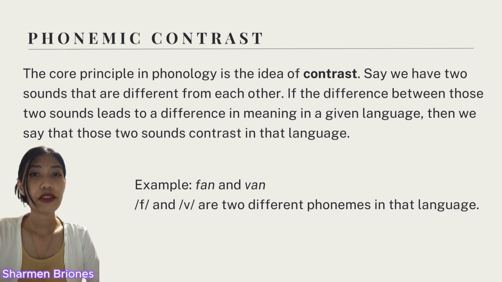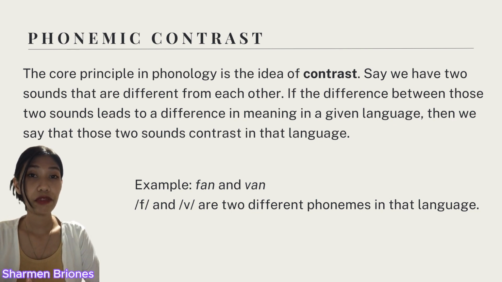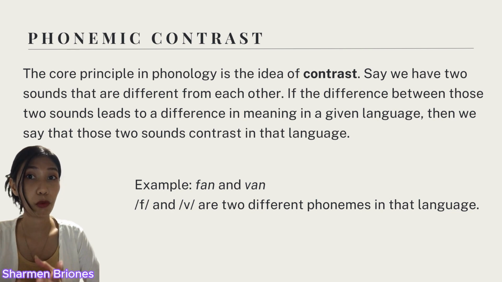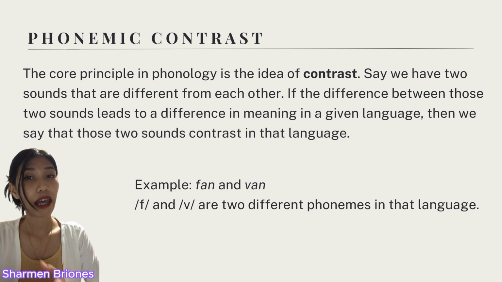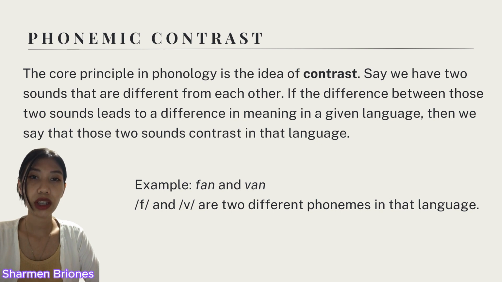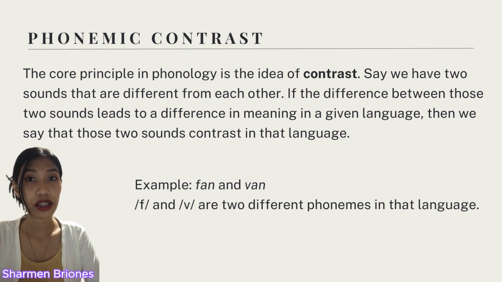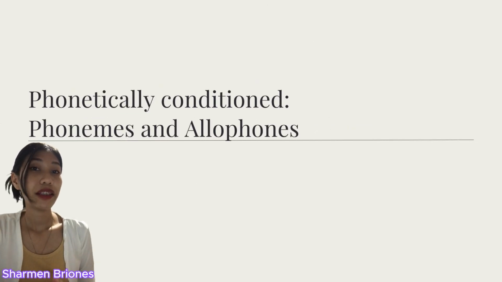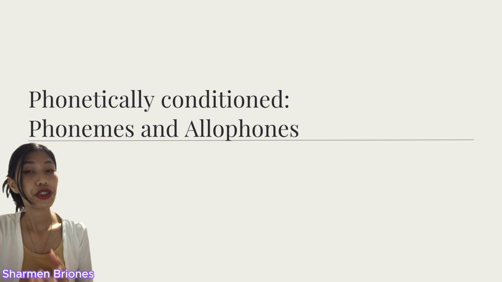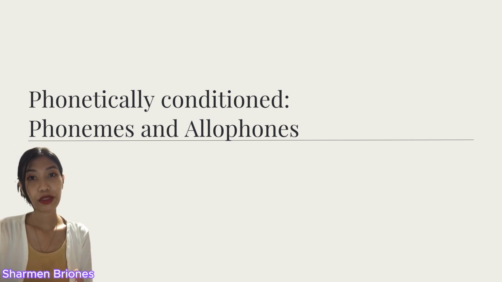An example is the phonetic difference between F and V, which is contrastive. Why? Because it changes the meaning of the word. So we conclude that F and V are two different phonemes in that language because they contrast, causing a difference in pronunciation and meaning.